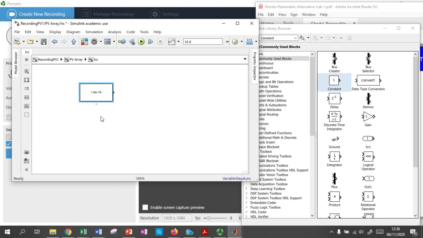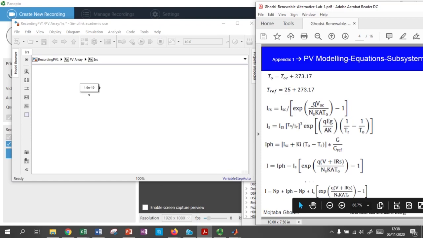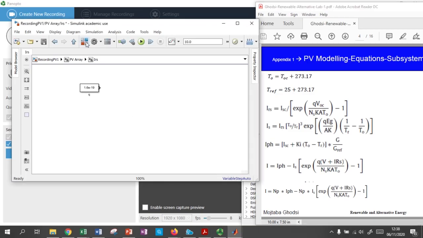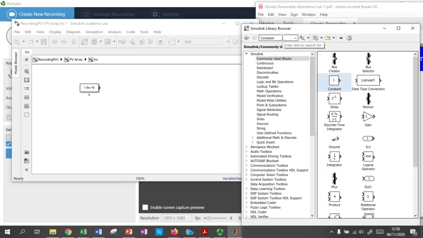It's better to write a name for this one. It's a Q constant. Okay, the next one is Q times VOC. VOC is the input that you can consider this one as an input. Then again, we will come here and we will find the goto block.